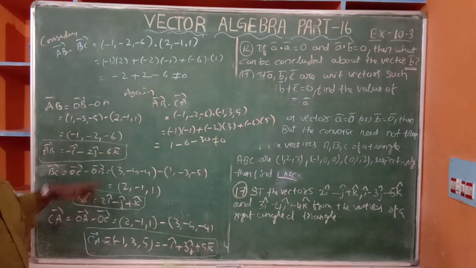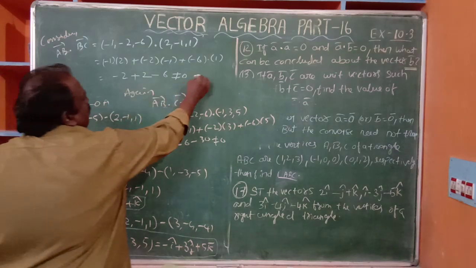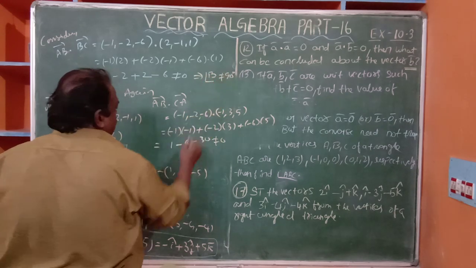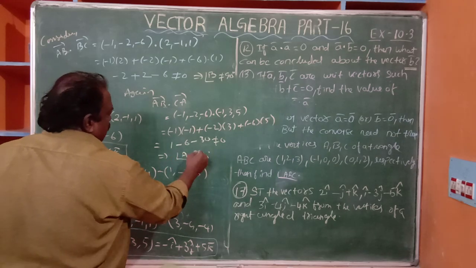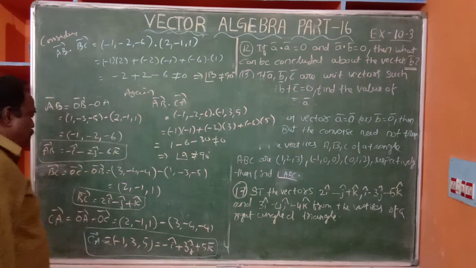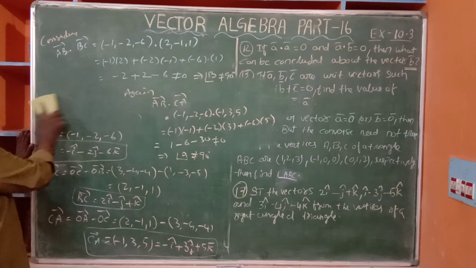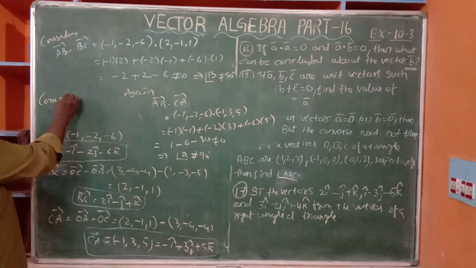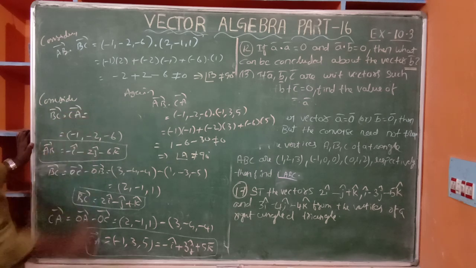We can understand that angle B is not equal to 90 degrees, and angle A is not equal to 90 degrees. Now the only one thing is there: BC bar dot CA bar.